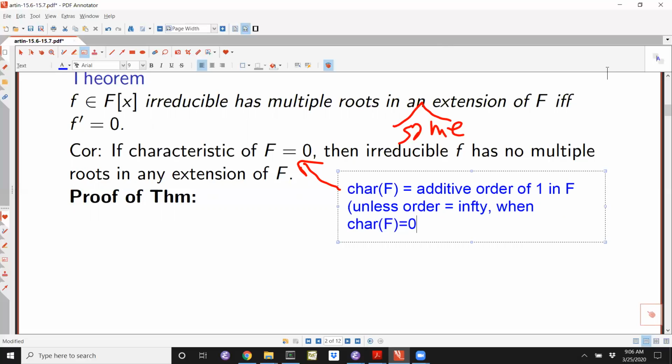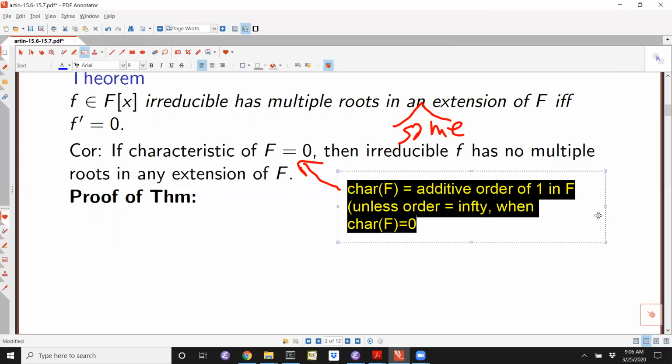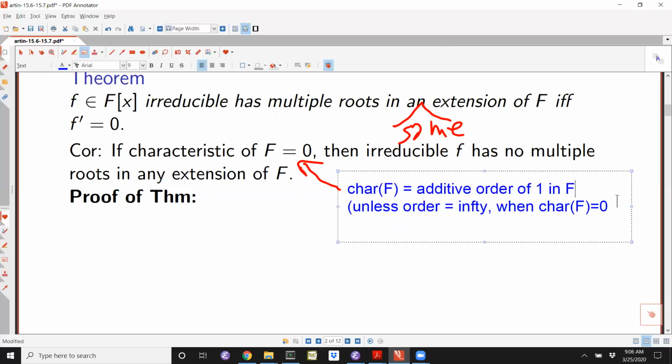So the two examples to keep in mind are that the rationals have characteristic 0, and the characteristic of Z mod p is p.